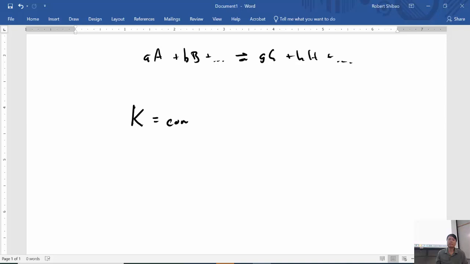This is the equilibrium law. So make sure to look at those videos if you haven't.